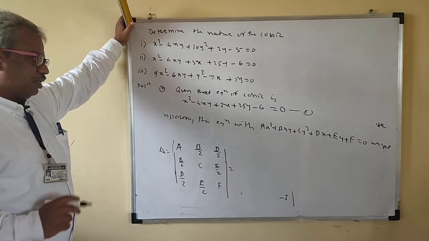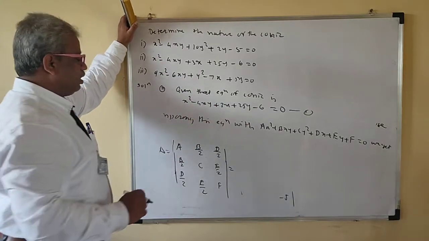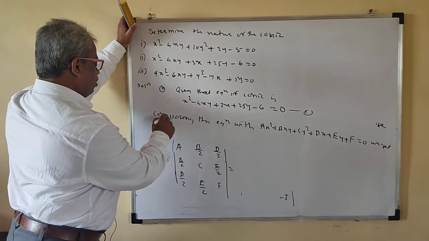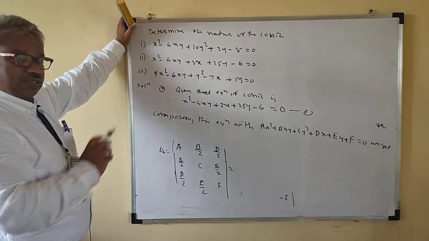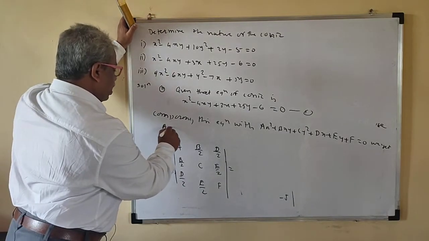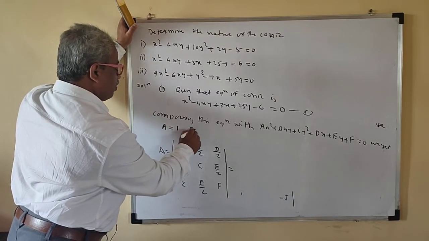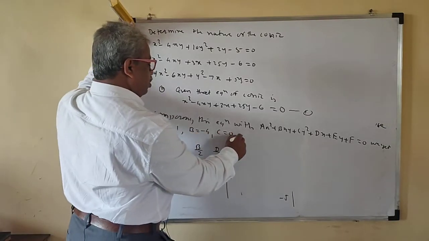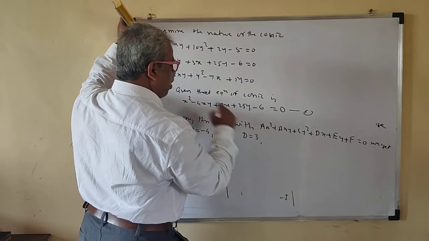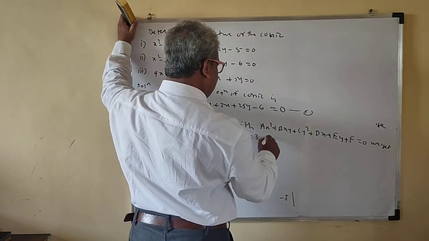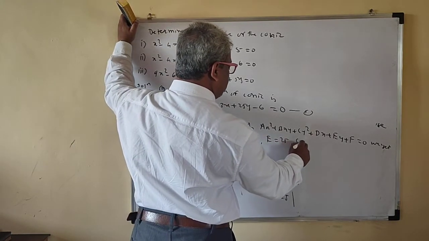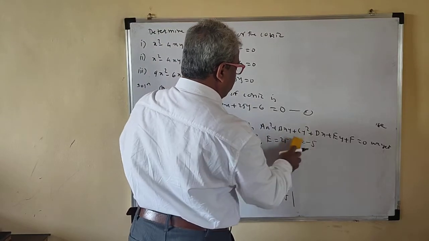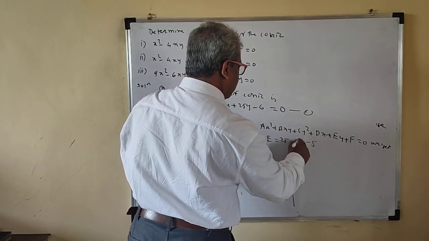Comparing this equation with the general form, we write the values: a is 1, b is minus 4, c is 0, d is 3, e is 25, and f is minus 5.